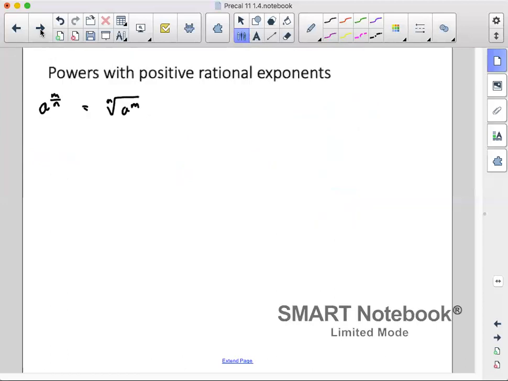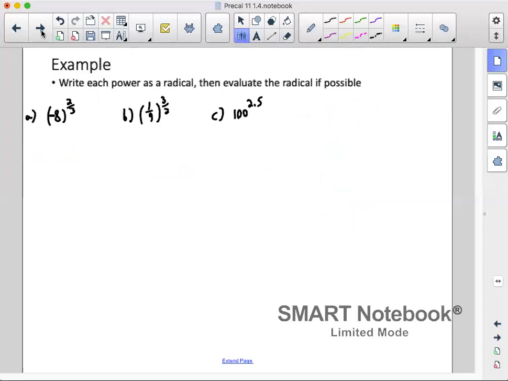Okay, next, powers with a positive rational exponent. So we have a to the power of m over n. That's the same as the nth root of a to the power of m. For example, write each power as a radical, then evaluate the radical if possible. So what's in our denominator will be in front of our root.